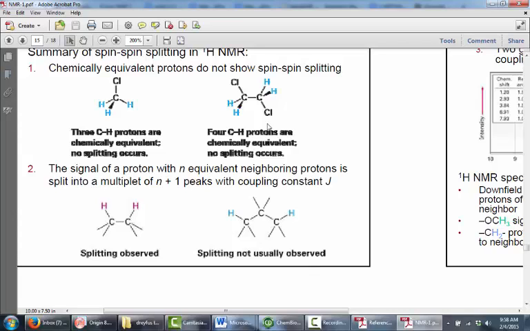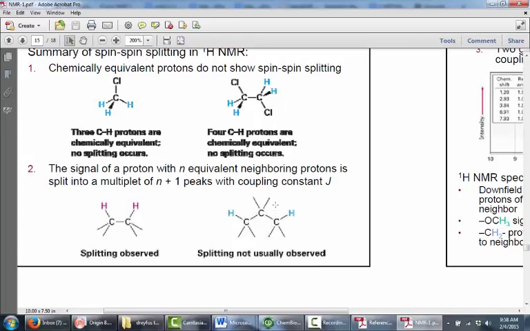The other thing is that the signal of a proton with n equivalent neighboring protons is split into a multiplet of n+1 peaks. So if I look at this carbon here and figure out how many protons are on the neighboring carbons, if there's only 1 neighboring proton, we're going to see this split into 2 peaks, so n+1.